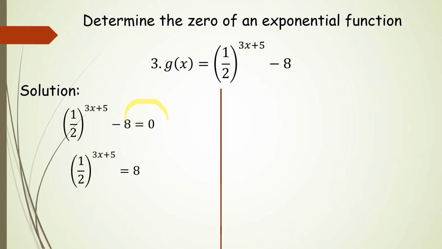We have 1/2 raised to 3x plus 5 is equal to 8. Gawin natin ulit na equal ang bases nila. So, yung 1/2, that is also equal to 2 raised to negative 1. And we have yung 8 as 2 raised to 3. So, equal na yung bases nila, which is 2.